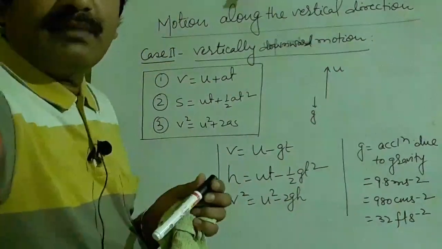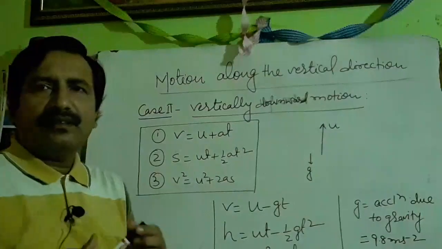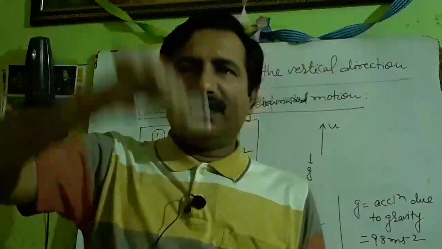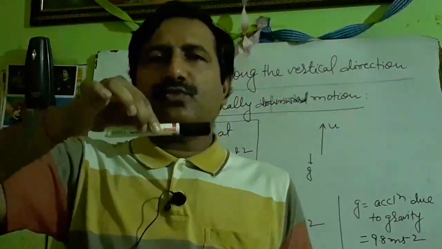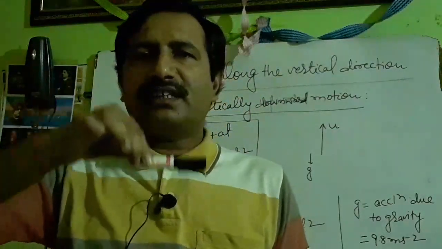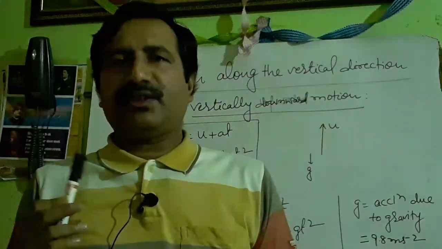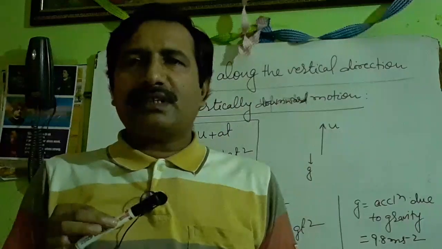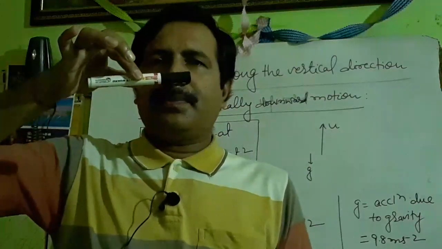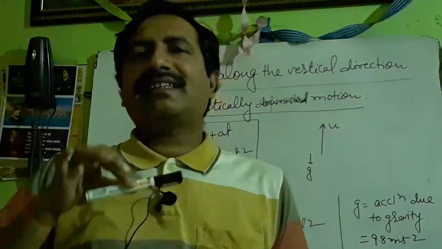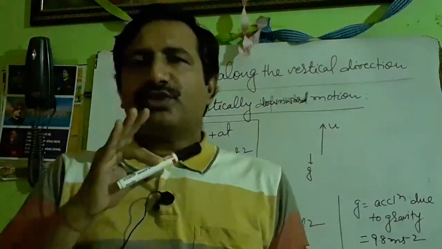Whenever you talk about vertically downward motion, two situations will be there. In one situation you throw a body downwards with a certain velocity, which means there must be an initial velocity. Another situation is that you drop the body, just leave it, and it will start coming down. So two situations will be there.